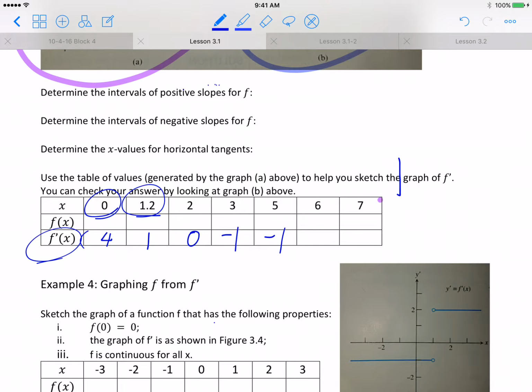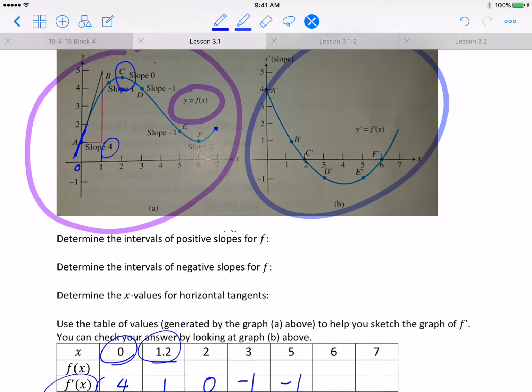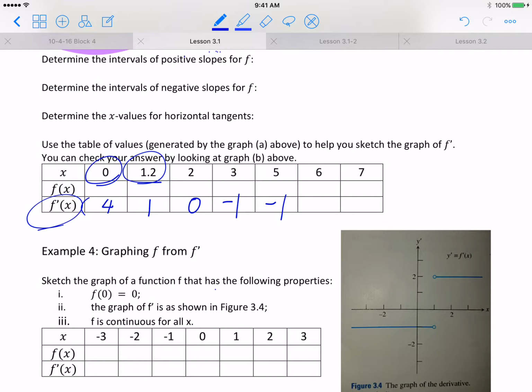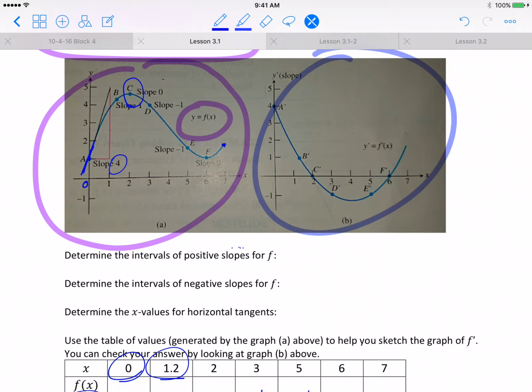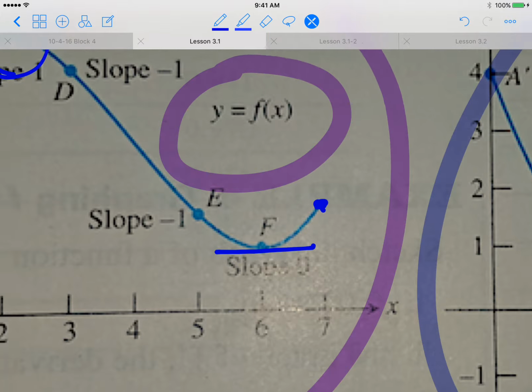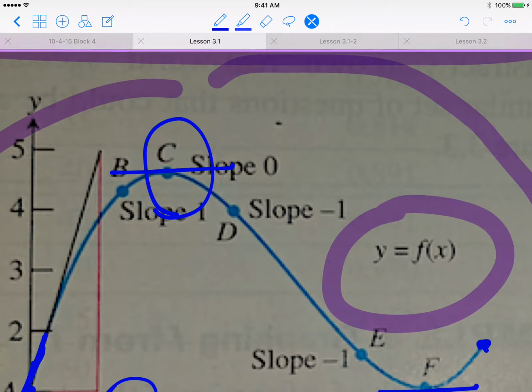You could see slight changes in the slope, but nothing drastic. When x equals 6, your slope is 0 again because of that little plateau. If we zoom in, you could see that the slope changes from negative to positive in a smooth, transitional pattern. Same thing happened here. You have a horizontal tangent.